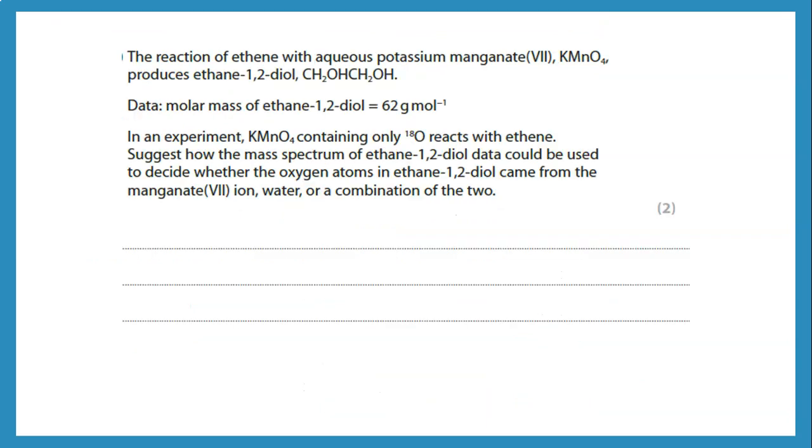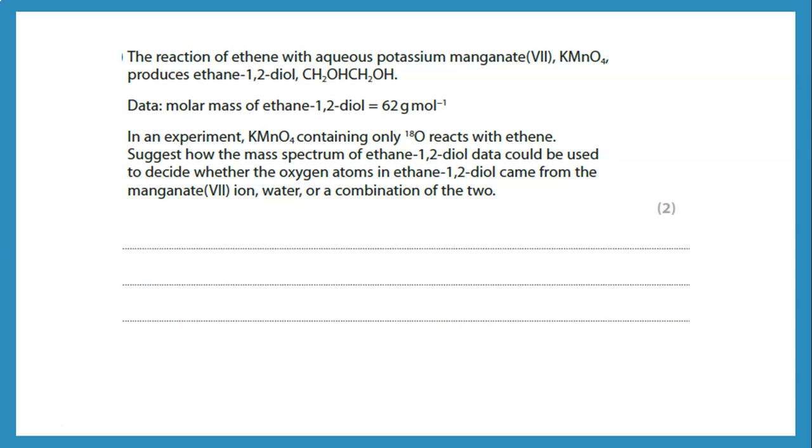The reaction of ethene with aqueous potassium manganate produces ethane-1,2-diol with a molecular mass of 62. Now remember that potassium manganate is an oxidizing agent. When it reacts with ethene, the alkene is oxidized to give a diol. So we put OH on each carbon that had the double bond.